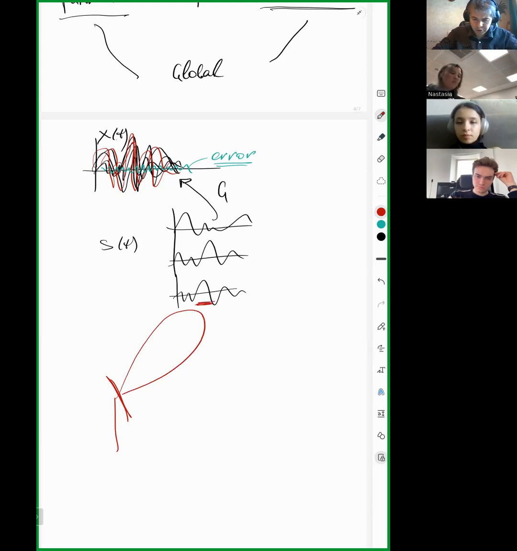If you have an object here, the antenna will be sensitive to it, but less sensitive to this object because of the angle, and even less sensitive to this one. This is the maximum intensity, where it is tuned to this location.